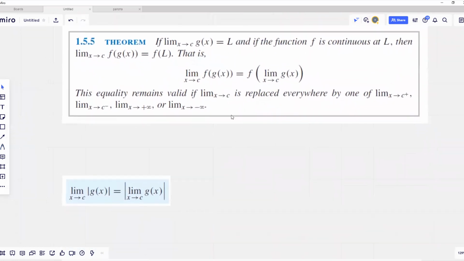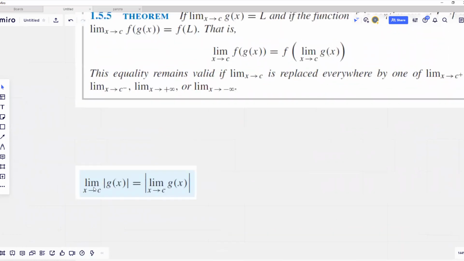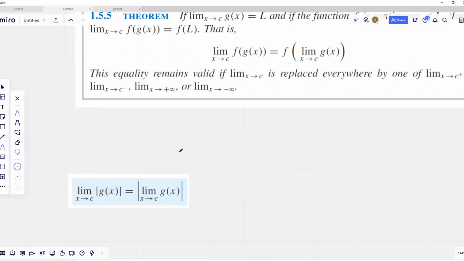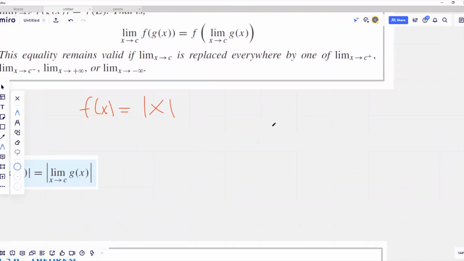Right, now let's use that nice property to show that we can move the limit across the absolute value sign. So first we know that the function f of x, which is defined as absolute value of x, is continuous everywhere. If you take a look at the plot of absolute value of x, then we can see that it is continuous everywhere.